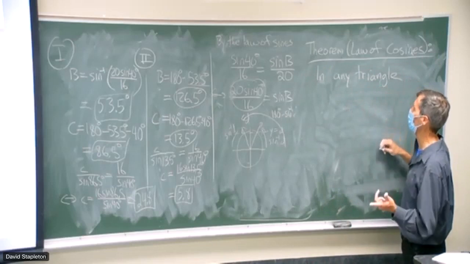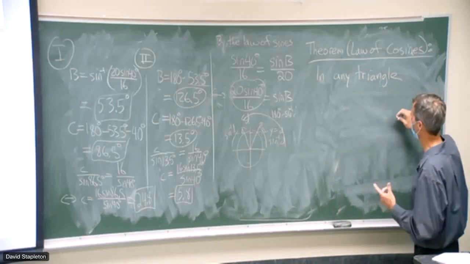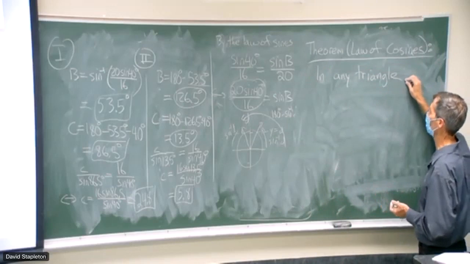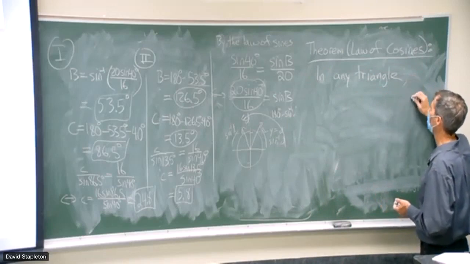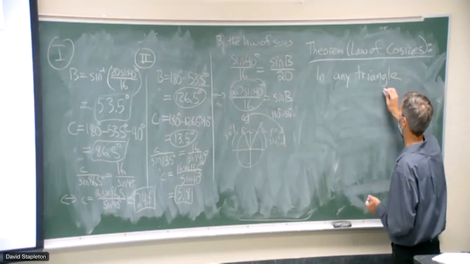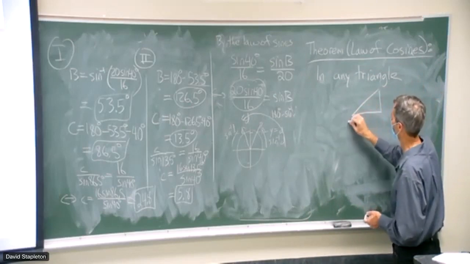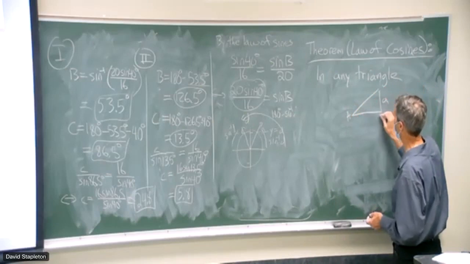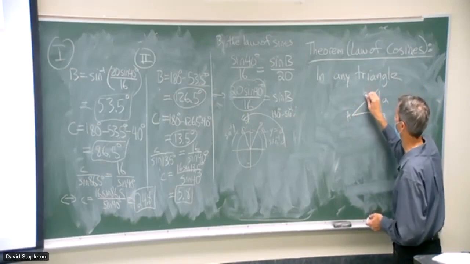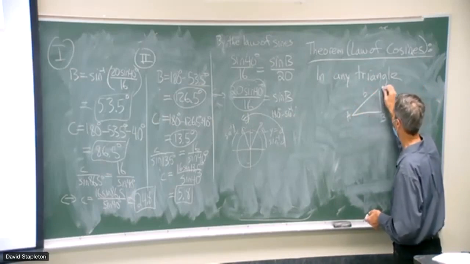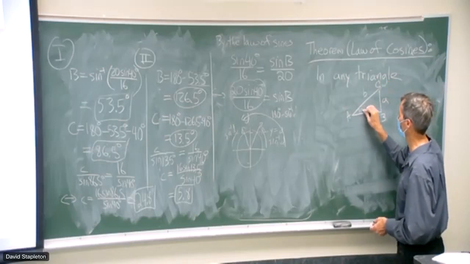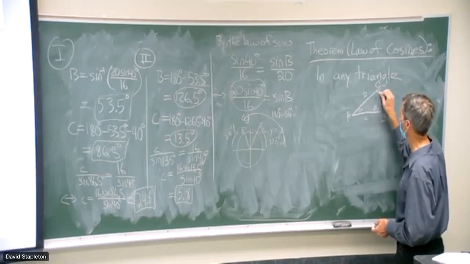And the relationship between this and the Pythagorean theorem is actually striking. In any triangle with the same convention as before, suppose I put angle A, opposite side A, angle B, opposite side B, and angle C, opposite side C. Or you can use alpha, beta, gamma, which I like better.